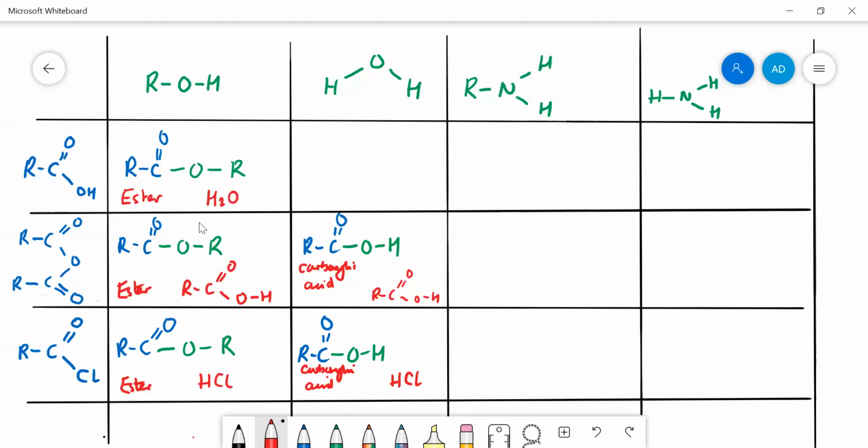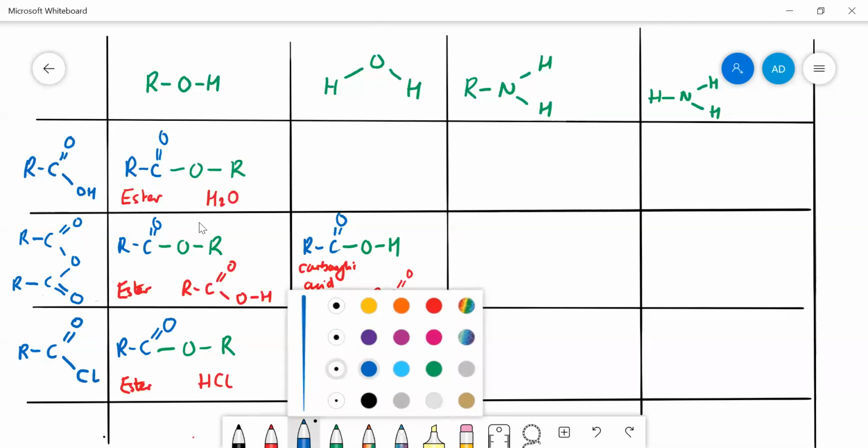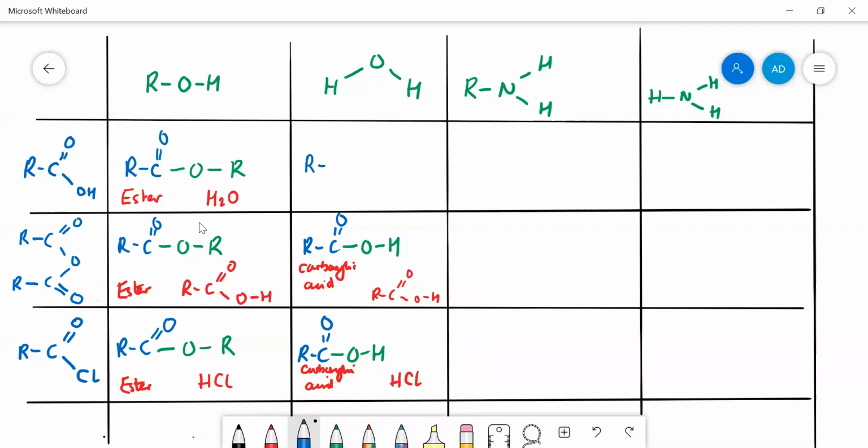Now that's why I left this one last. Well, what happens when water reacts with the carboxylic acid? That H is going to react with that OH there. So you're going to get water as a little molecule, and you're going to get a carboxylic acid forming.